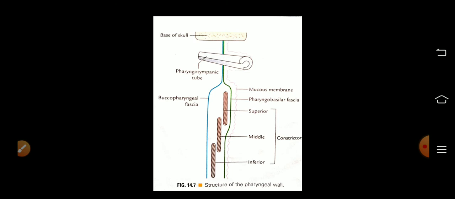Unlike the nasopharynx, as I said in my part 1 video, which is covered by pseudostratified ciliated columnar epithelium, this particular part is covered by non-keratinized stratified squamous epithelium.